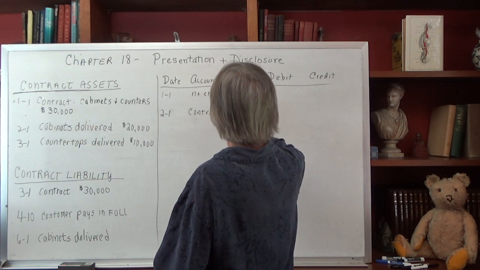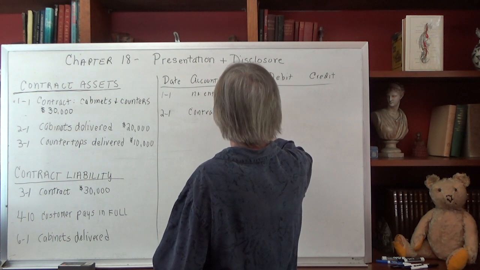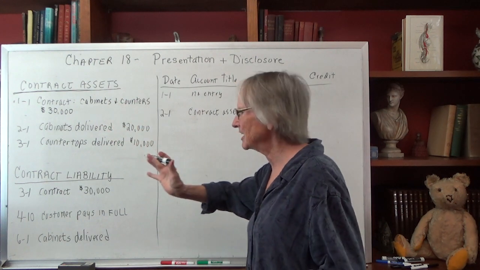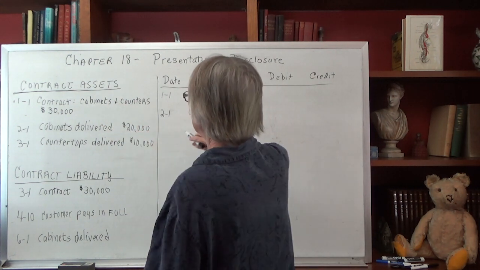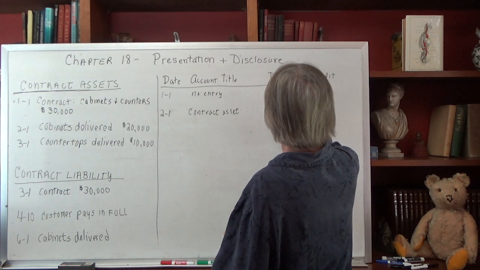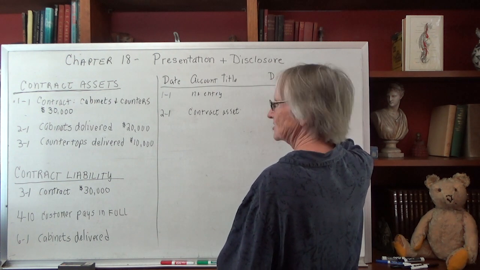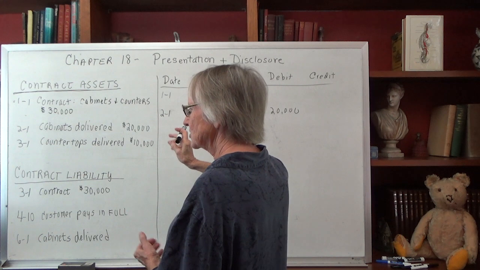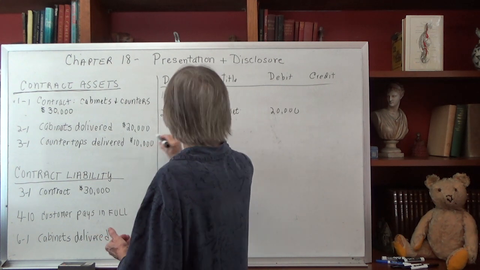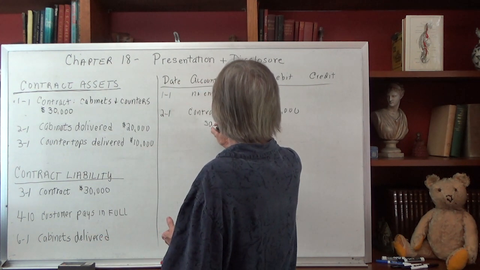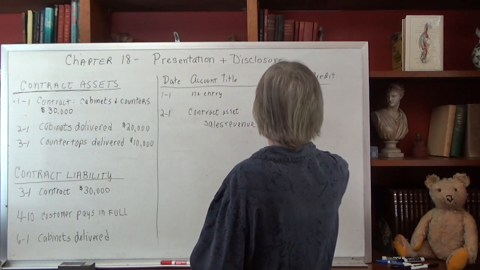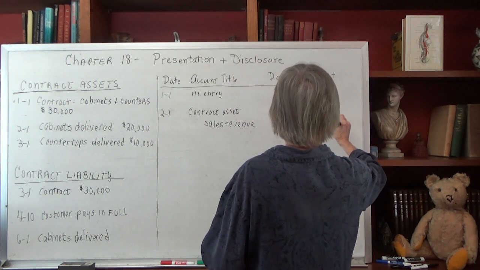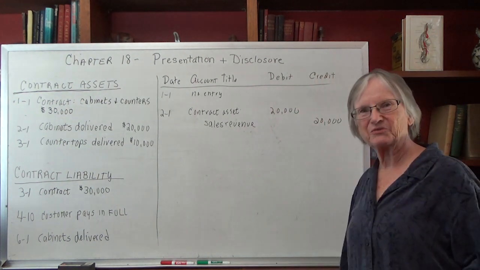We can't go accounts receivable because we're not entitled to payment yet. So the standalone price of the cabinets is $20,000, so we would just go contract assets, $20,000. And at that point, the revenue can be booked, but we can't book the receivable. Okay, so that's where we are so far.